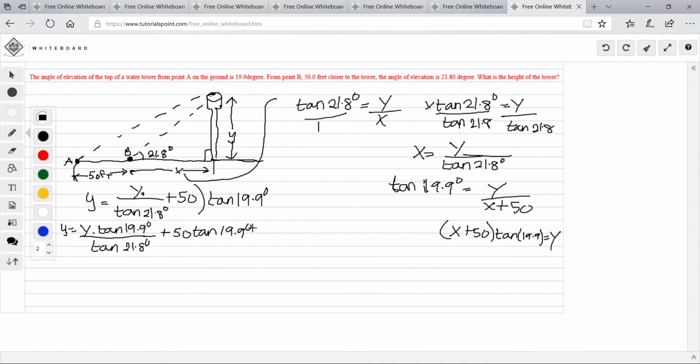So I just did the distributive property, and then what I'm going to do is see where there's a y. I want to get all the y's on one side, so I'm going to subtract this whole thing.